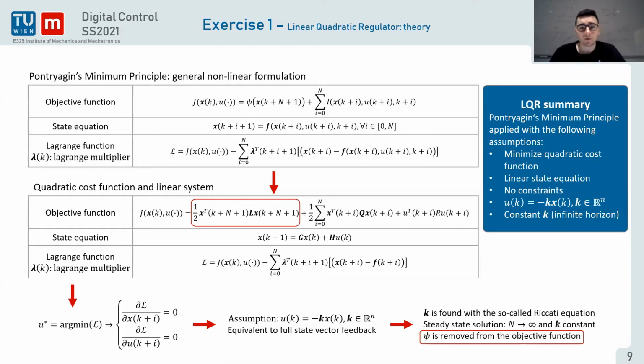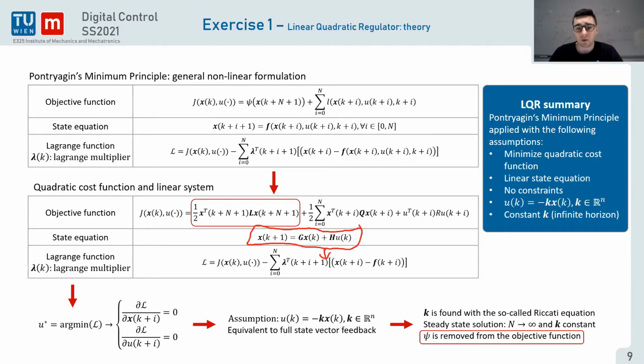So all the terms in the cost function are just quadratic terms with respect to the state x and the input u. We're going to consider a linear state equation. Then we have no constraints. Remember that the state equation is a constraint, but it's already added to the Lagrange function with the Lagrange multiplier. So we get no additional constraints.